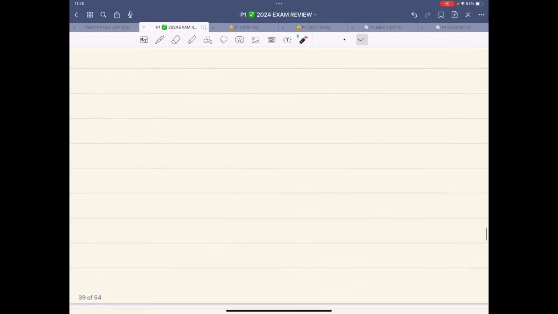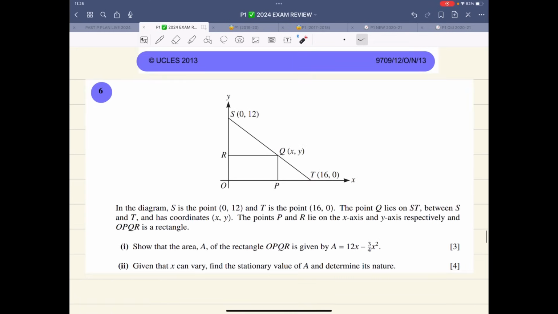Differentiation and integration. Now this first question, it says in the diagram, S is the point 0, 12, T is the point 16, 0. The point Q lies on ST between S and T and has coordinates x, y. The points P and R lie on the x-axis and y-axis respectively.